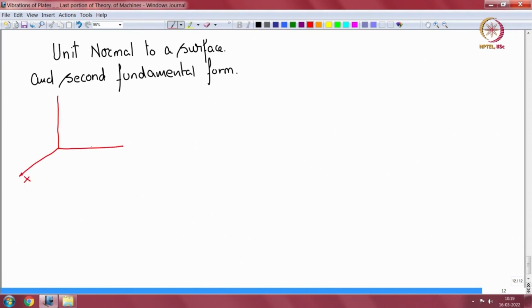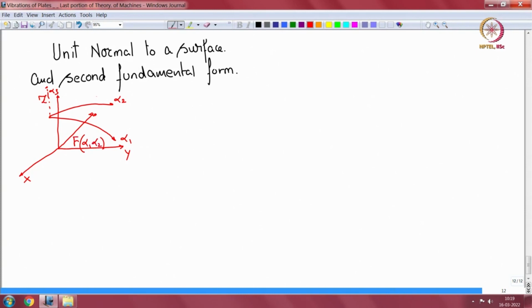This is x, this is y, this is z, and let's say I have alpha 1 and alpha 2 and alpha 3, and at some point I have the descriptor vector r of alpha 1, alpha 2.